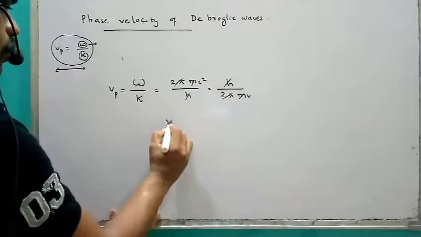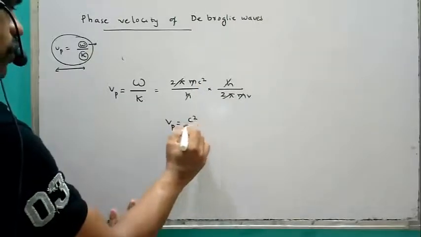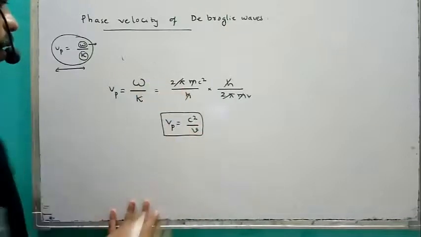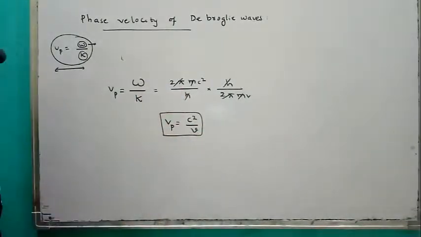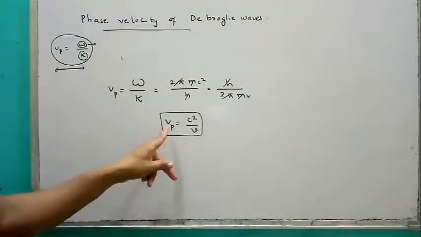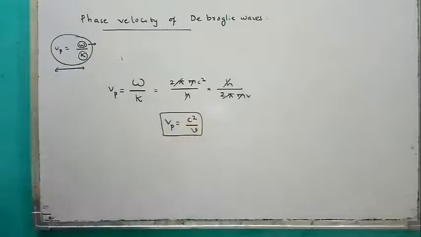So Vp equals c square by v, that is, phase velocity equals c square by v. So the phase velocity of de Broglie waves is Vp equal to c square by v.